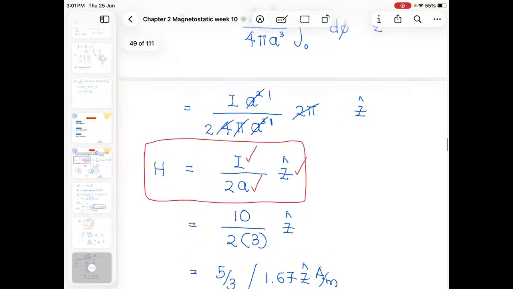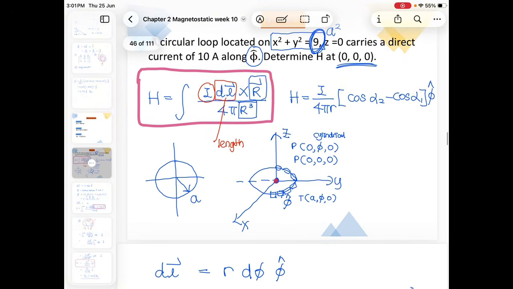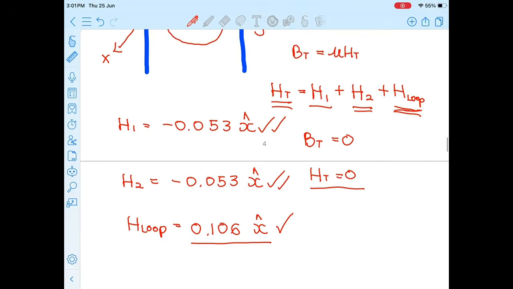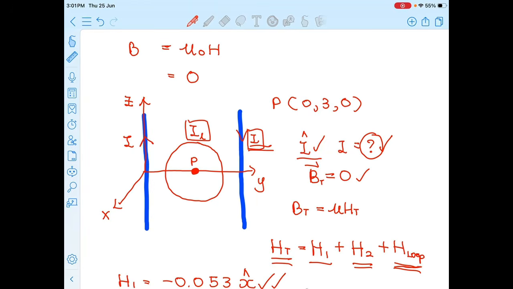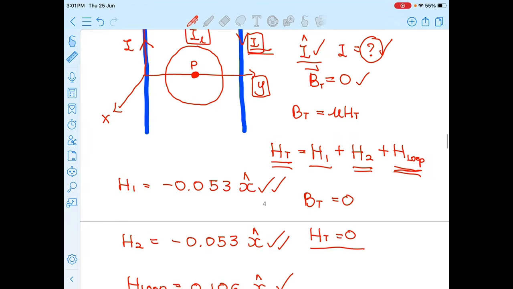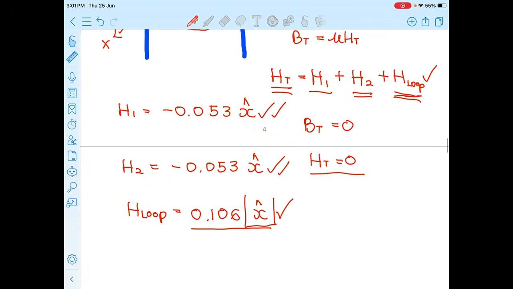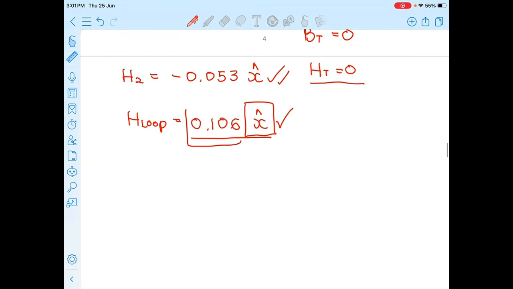And Z in this case, why is it Z? Because the loop is located in the XY plane, so the magnetic field will be in the Z direction. But in our exercise over here, our loop is located in the ZY plane, and from the relationship over here, we know that our H is in the X direction. So basically, we will focus on the value here.